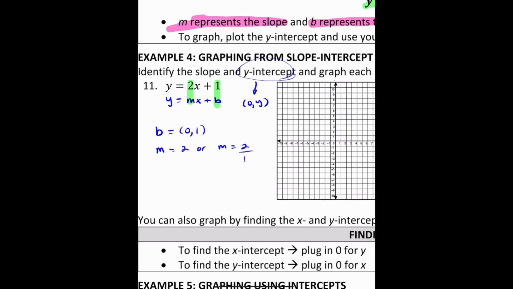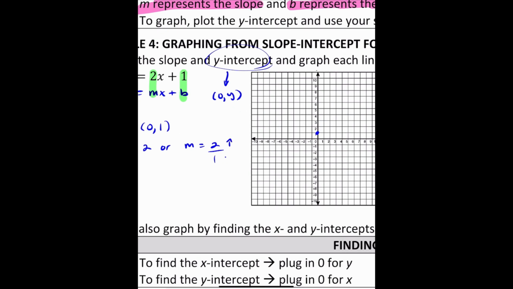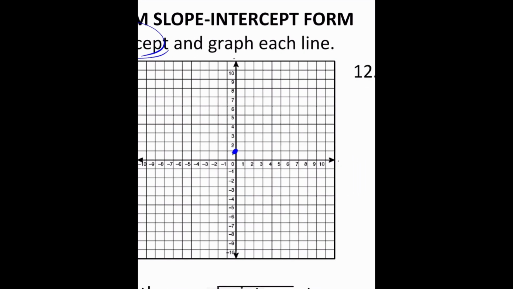Let me graph 0, comma 1, which is located right here. And then I'm going to do rise over run given the slope that I have, which is 2 over 1. So I need to go up 2, right 1. I'm going to go up 2, right 1, up 2, right 1, and then repeat the process, go back to the y-intercept, and do the opposite.